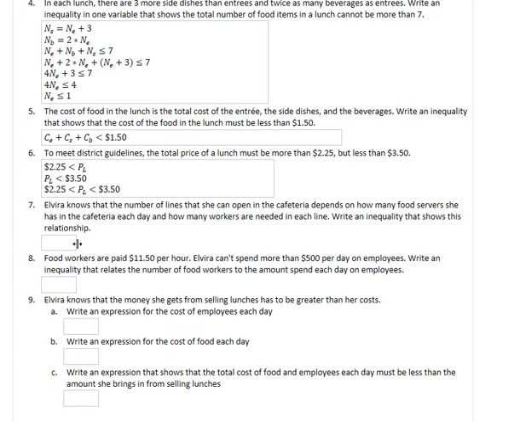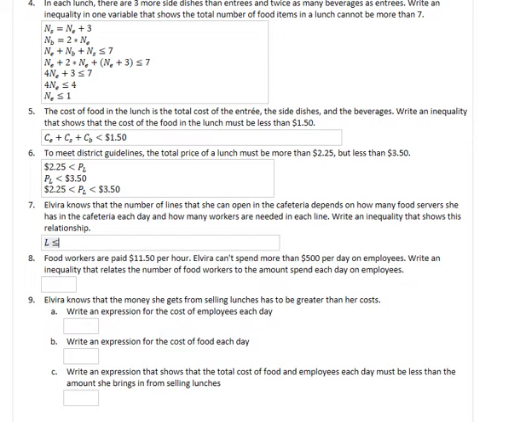All right. Elvira knows that the number of lines that she can open in the cafeteria depends on how many food servers she has in the cafeteria each day and how many workers are needed in each line. Write an inequality that shows this relationship. I know that the number of lines in the cafeteria we represent with L. This needs to be less than or equal to, now I need to figure out the number of servers and then servers per line.